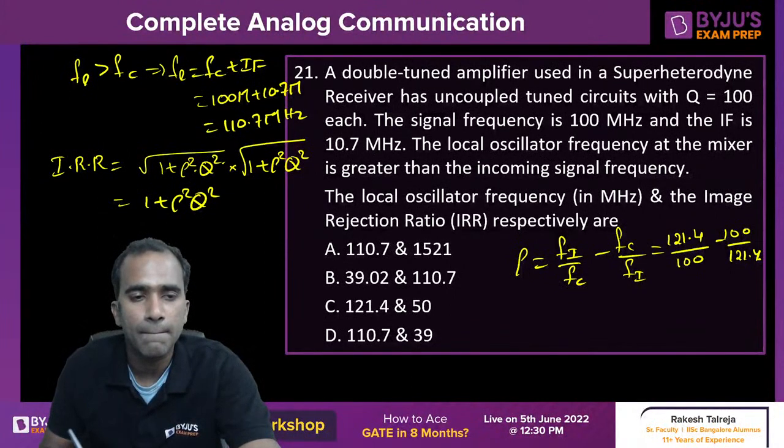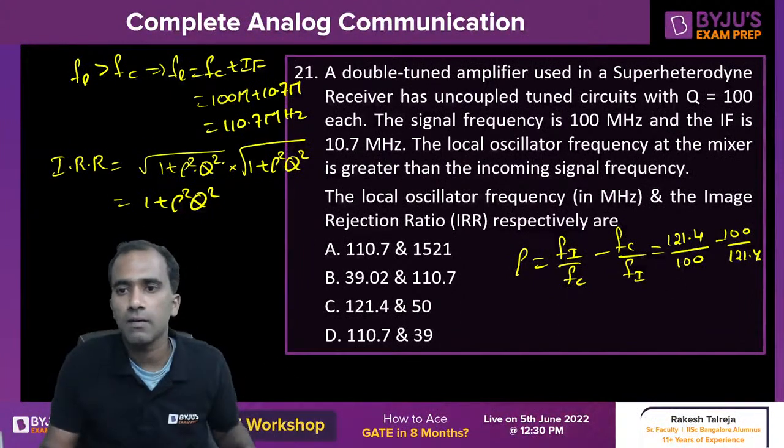Divided by 121.4, minus. 0.39. Yeah, got it. It's 0.39, approximately.